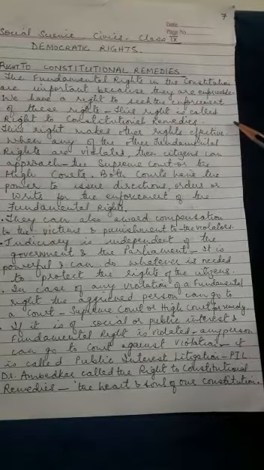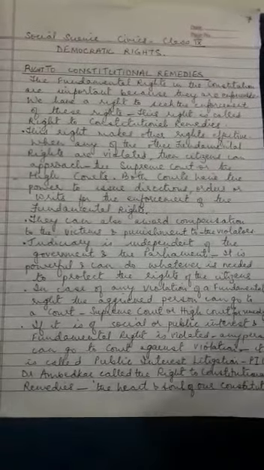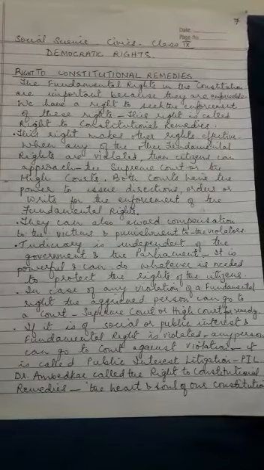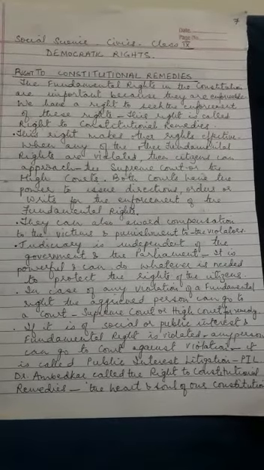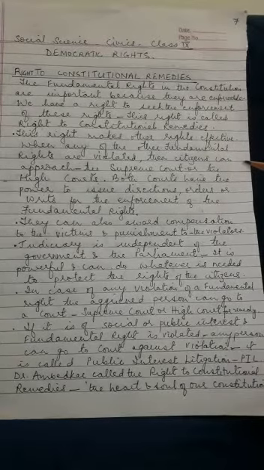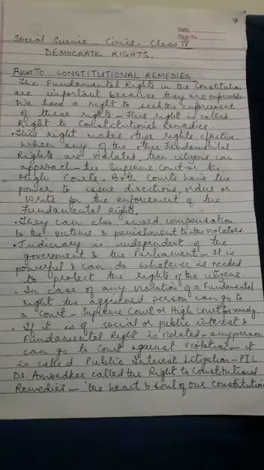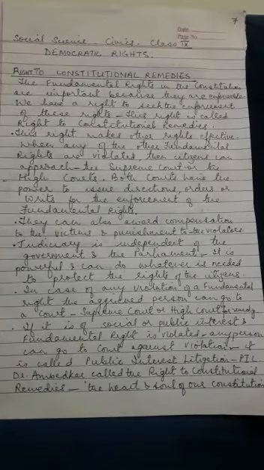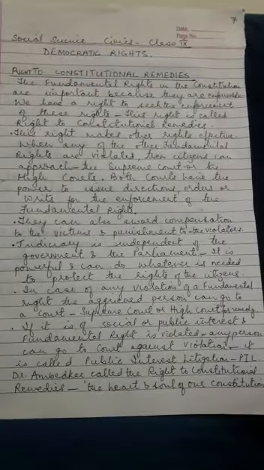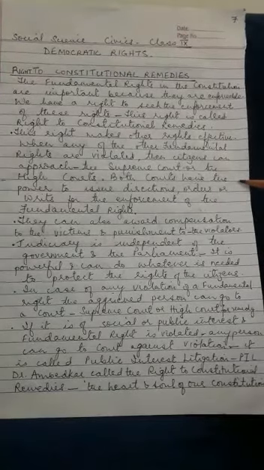That means if there is any kind of violation of anybody's fundamental rights, one may go to the court. This right makes other rights effective. When any of the other fundamental rights are violated, whether it is the right to equality, the right to freedom, freedom of religion, the right against exploitation, or cultural and educational rights, a person or citizens can approach the Supreme Court or the High Courts.